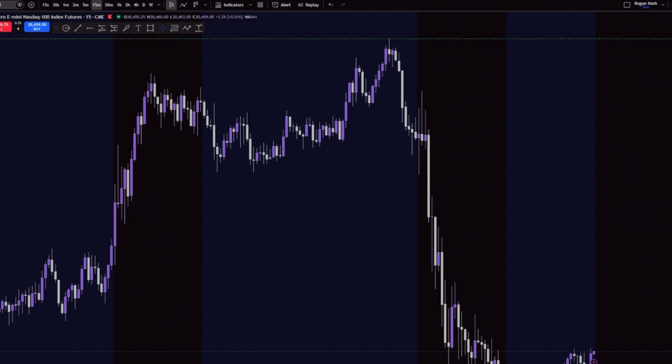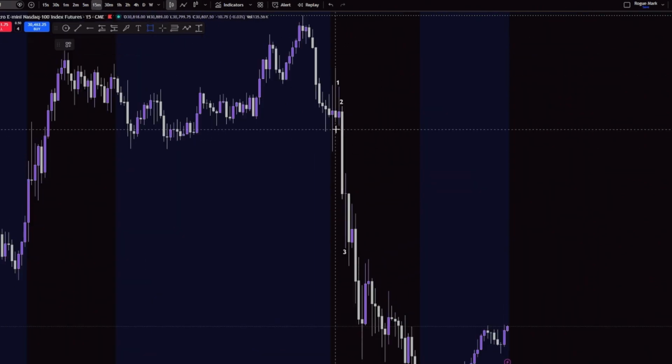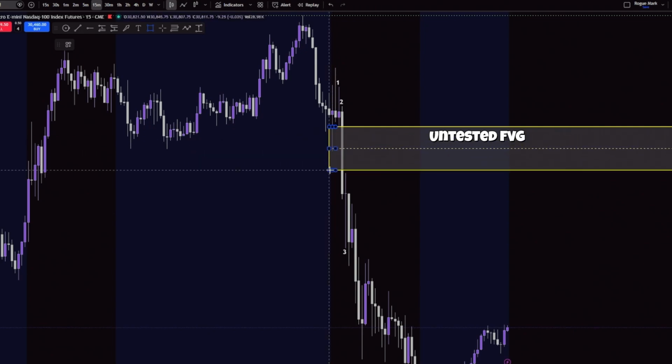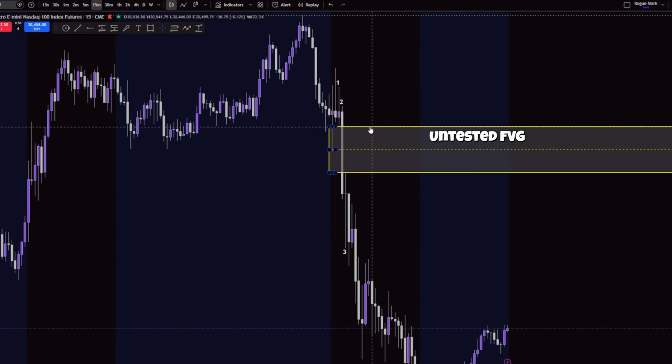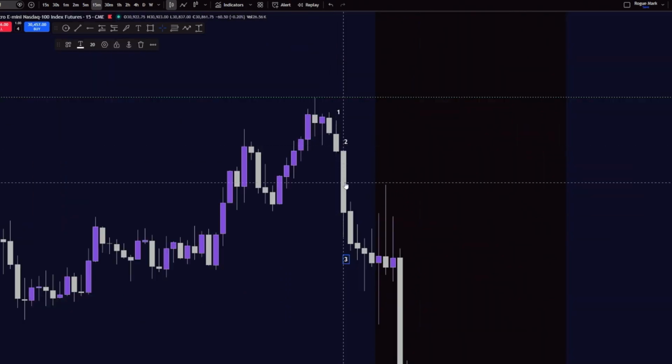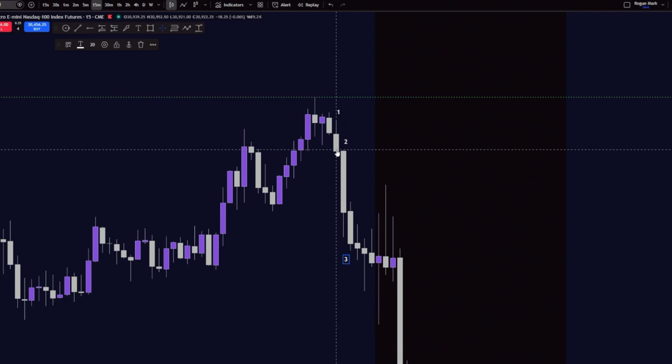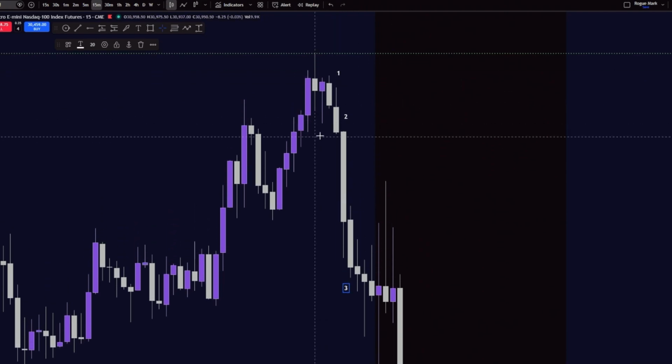As you can see, I'm on the 15-minute time frame. Your fair value gap would be from the bottom of the wick of candle 1 to the top of the wick of candle 3. This is your fair value gap right here. 1, 2, and 3. So we have a bearish move down, and here you can't really see the wick of the candle, but it's right there.